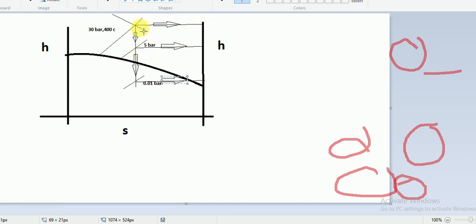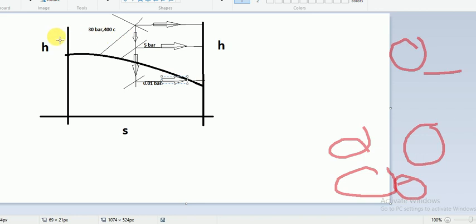Then if you move down, there is a line belonging to 5 bar pressure. The point at which the 5 bar line meets the vertical line from 30 bar and 400 degrees Celsius is H6. Note down the value of H6, then draw the line further. The point at which the 0.01 bar line meets the straight line of the isentropic process is H7. Note down the value of H7.